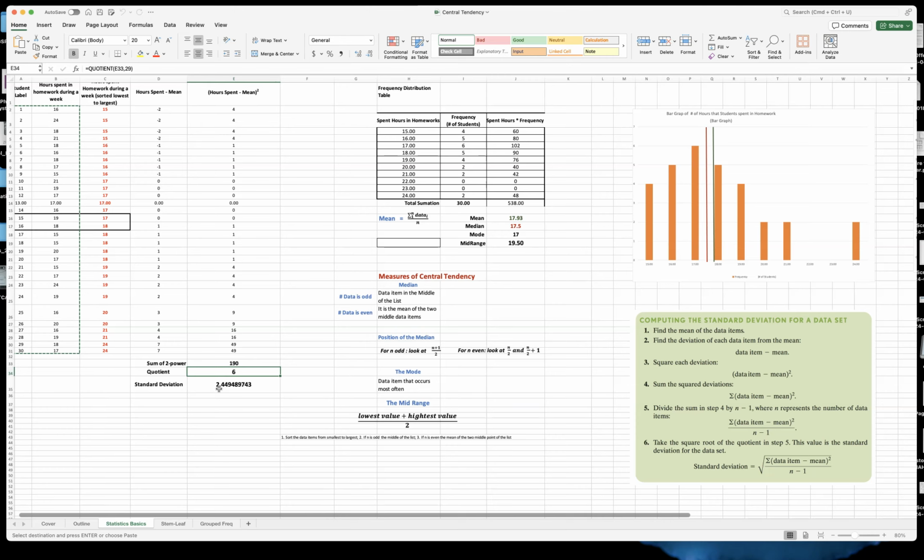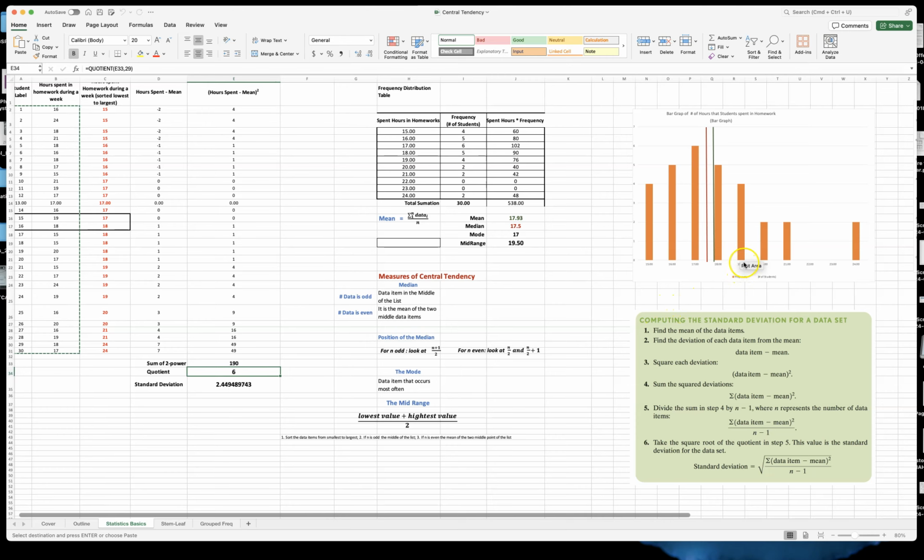Okay, so one standard deviation from the mean is to take the mean value, that in this case I suppose was 17, and add this number. So, for instance, 17 plus 2.45 is going to be around 19.45.